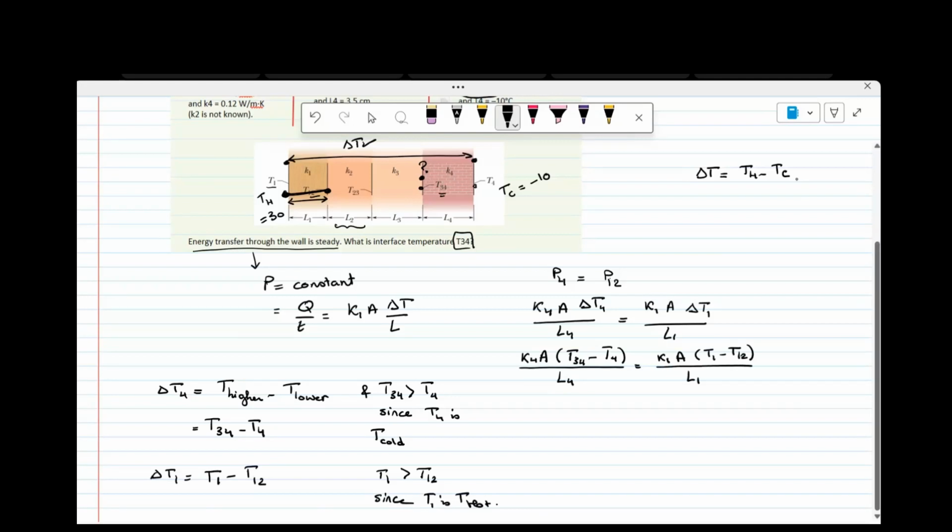So again, what we want is T34. So I will simply rearrange my equation.